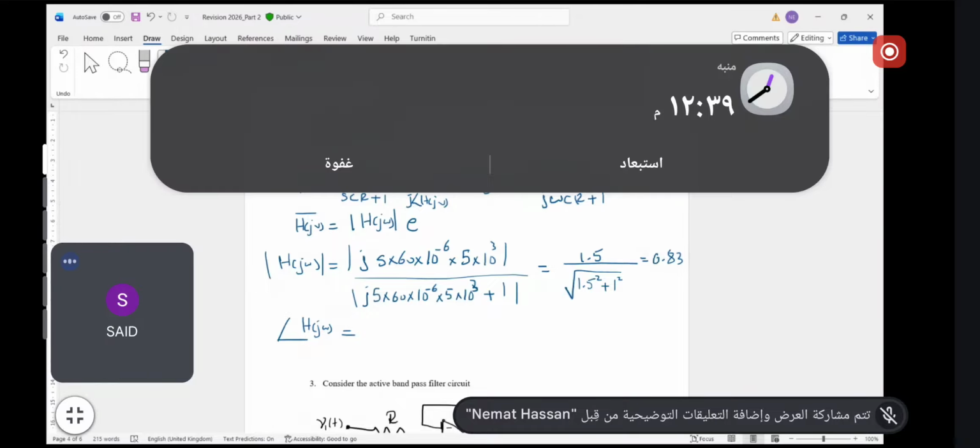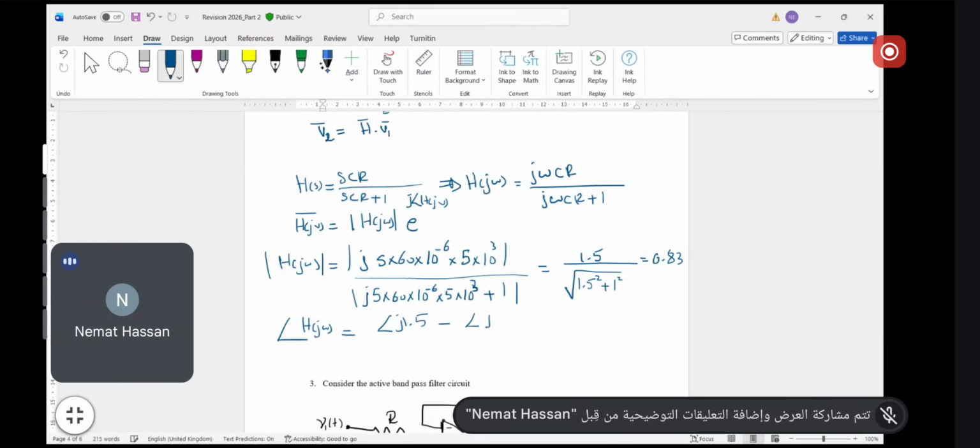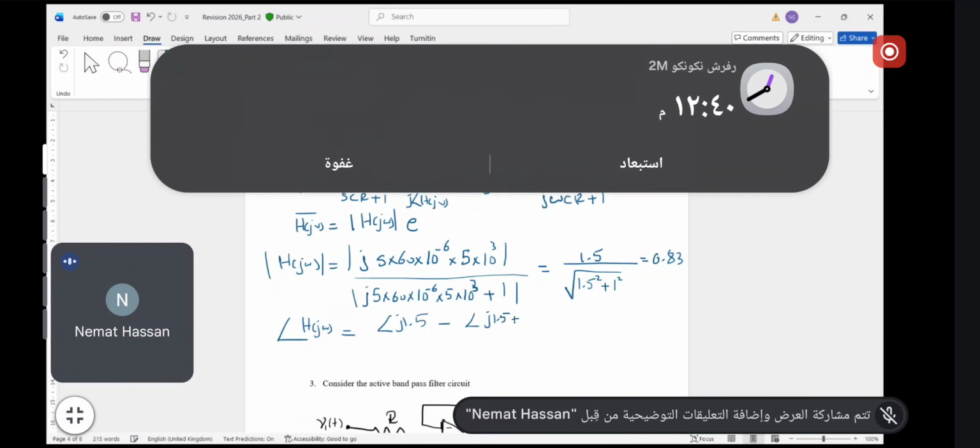Understood? Okay. The angle will be the angle of j 1.5, the number in the numerator here, minus the angle of j 1.5 plus 1, right? The angle of the numerator minus the angle of the denominator. The numerator is purely imaginary and positive, so what is its angle?